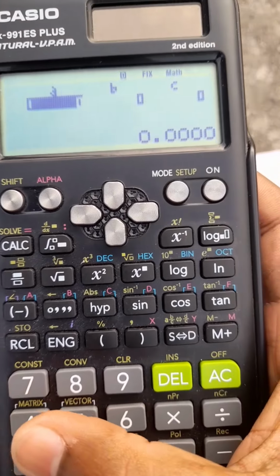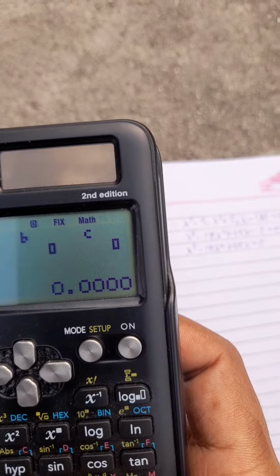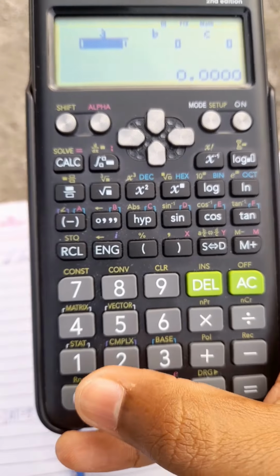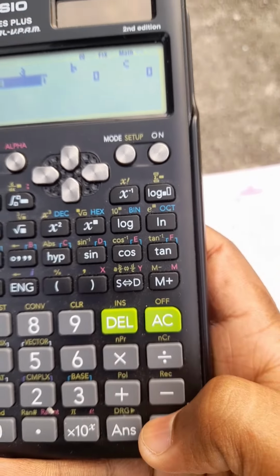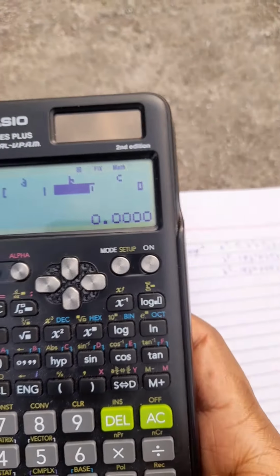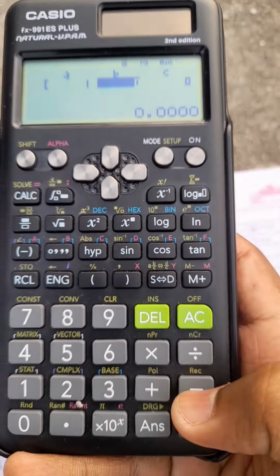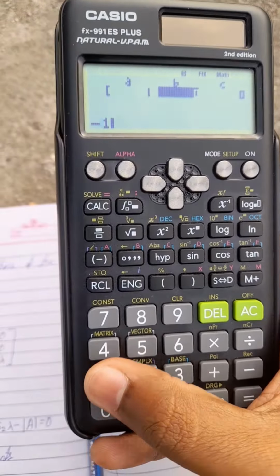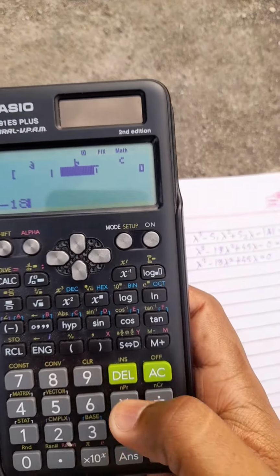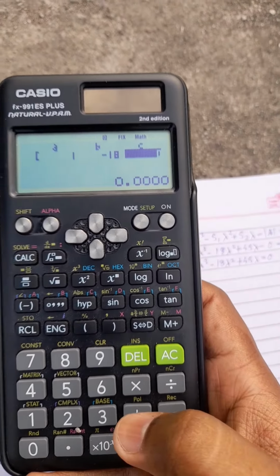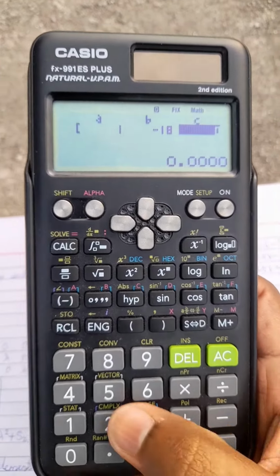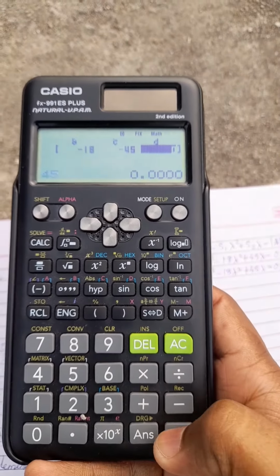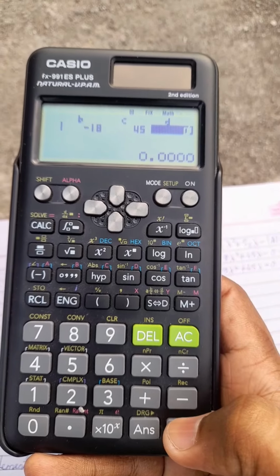So 4, what is a, that is 1, b, that is minus 18, c as 45, and d as 0.